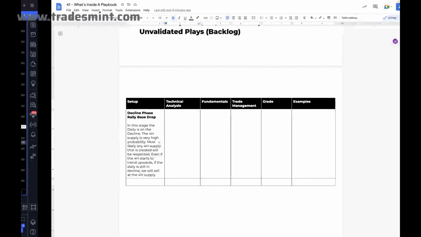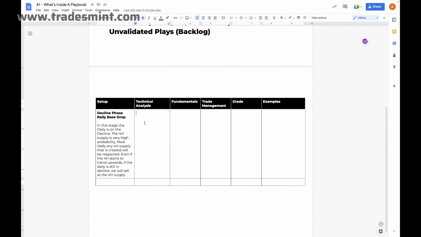What I want to see from an intraday technical perspective is price return to the supply and give me price action for a sell. So my entry is based off of what? For US 30, most of my entries are based off of the 30-minute candle, 15-minute candle, and 5-minute break of structure. This is for the A setups.